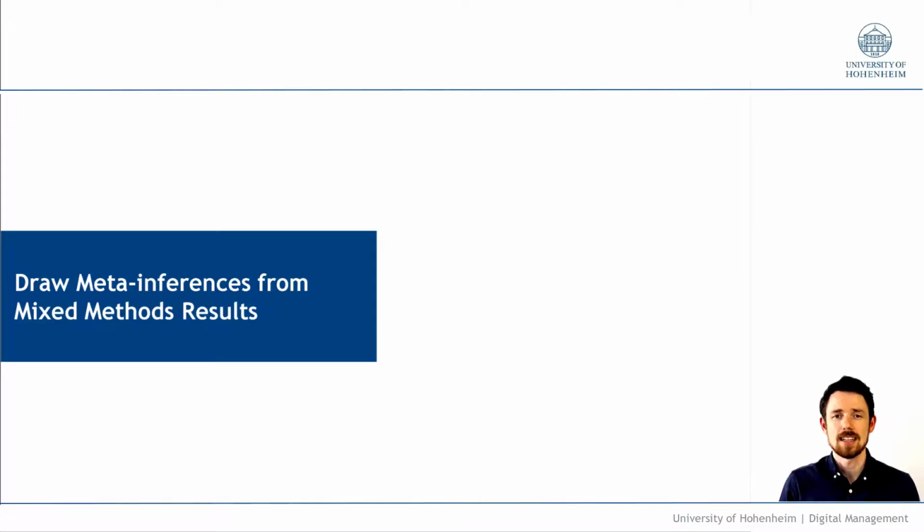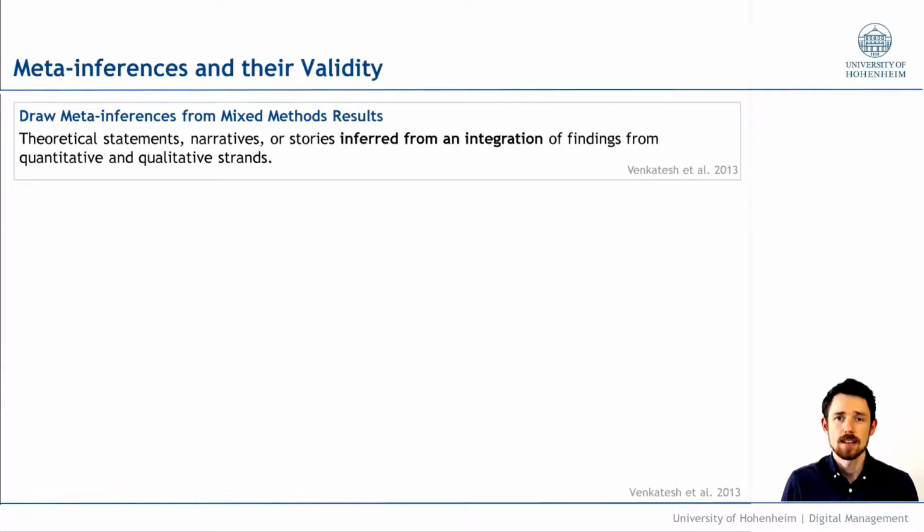Now, lastly, I would like to talk about a very important issue. That is how to draw meta-inferences from mixed methods results. Now, let's first talk about what meta-inferences are.